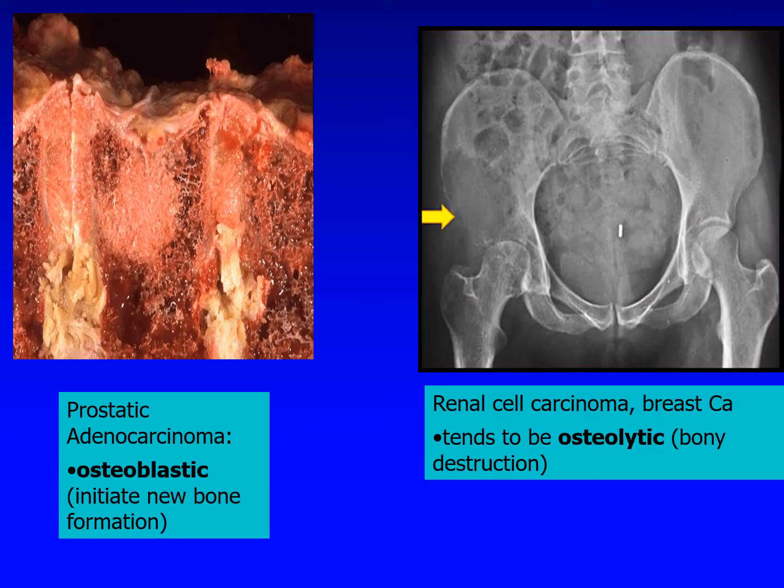These pictures show the osteoblastic type seen mainly in prostatic adenocarcinoma and osteolytic pattern of bone metastasis seen in renal cell carcinoma or breast cancer. You can see this is the outline of the pelvic bone that is normal, and you can see this more pale blackish area which represents bone destruction.